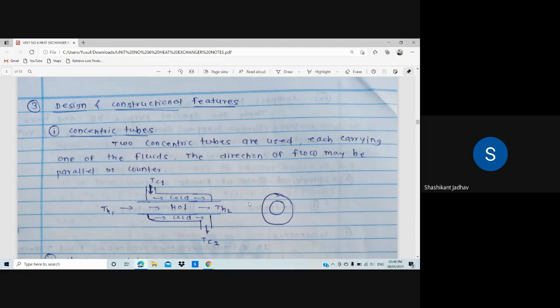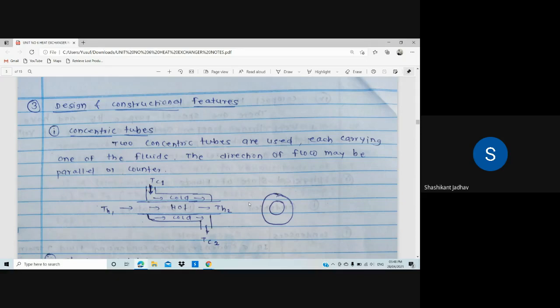Concentric tubes. Okay, so write down: two concentric tubes are used, each carrying one of the fluids, full stop.